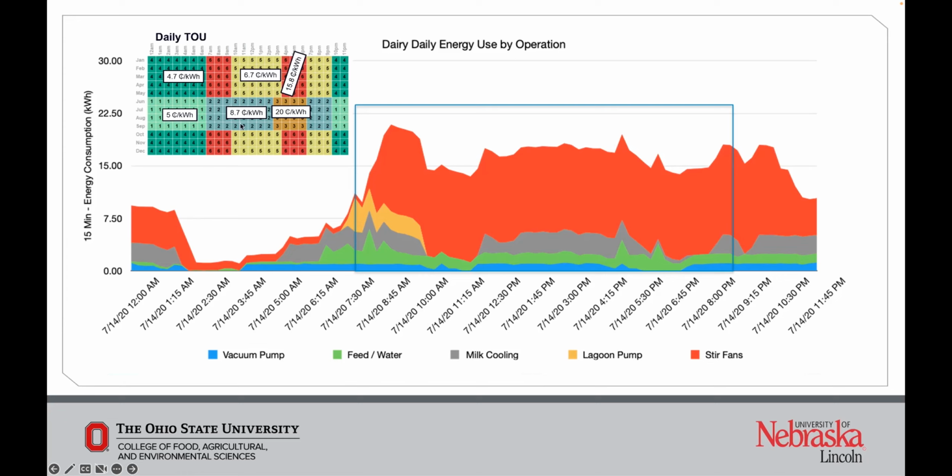So the other way that we could look at that, even if we are not able to move it to a time of day when there's a lower rate, is to think about how do we avoid it. If you were to have a time of use rate that would have something so high as 20 cents per kilowatt hour in the middle of the afternoon, during those summer months when it's really hot and there's a lot of air conditioning loads running.